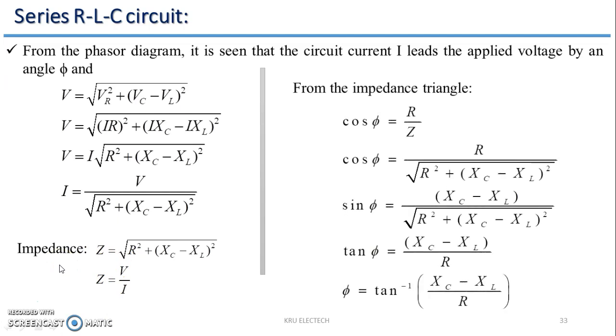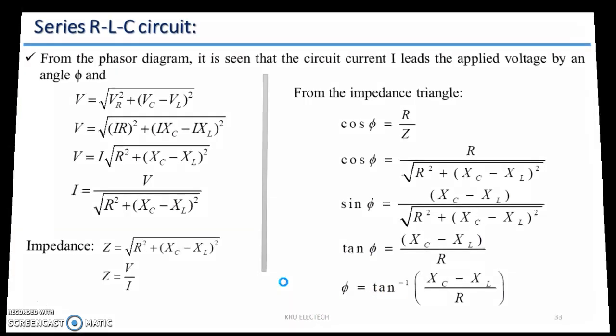So again, from the impedance triangle, what is the power factor? The power factor is given by R by Z. We already saw this in the previous case. So the power factor cos phi equals R divided by square root of R square plus XC minus XL, whole square. You know that XC is larger than XL. So the sin phi you can directly write, and the tan phi. Okay, so by inversing the value of tan, you are able to find what phi is.